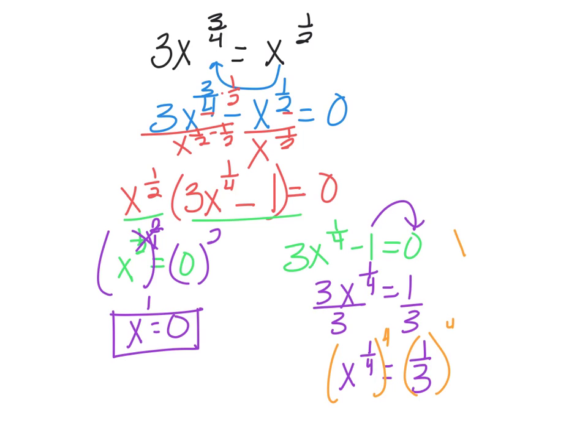So I'm going to get x equals, I'm going to distribute the 4 to the 1, so 1 to the 4th power is 1, and 3 to the 4th power is 81, because I have to distribute to both pieces, and there's my two solutions. x equals 0, and x equals 1 over 81.